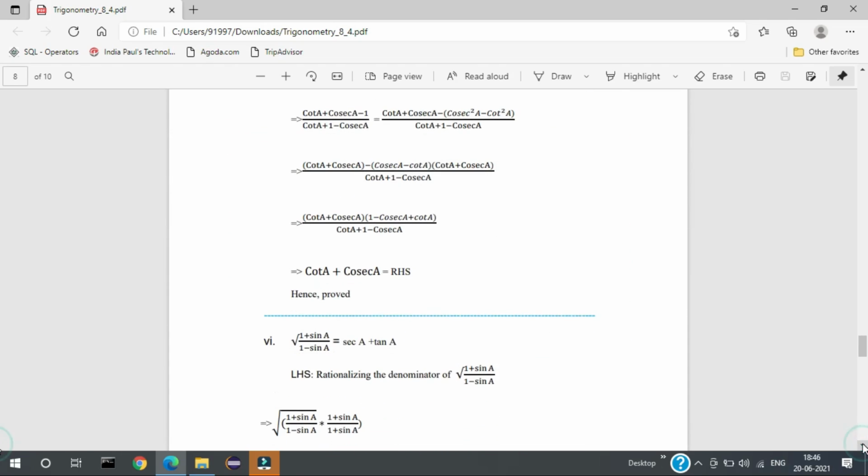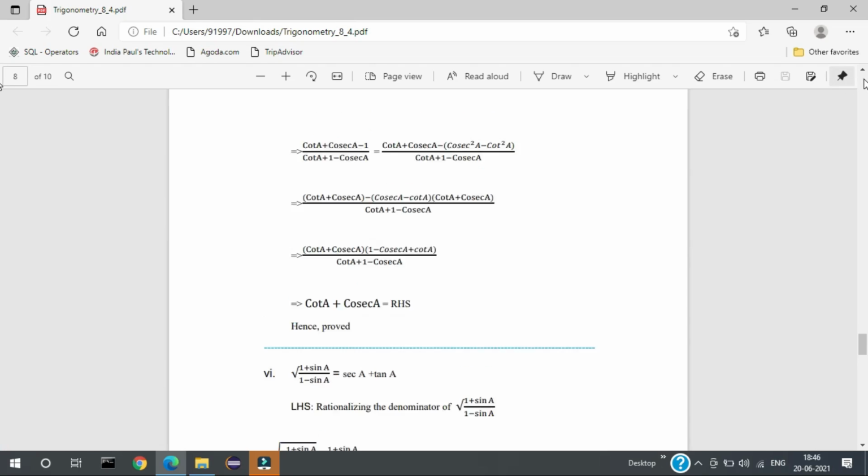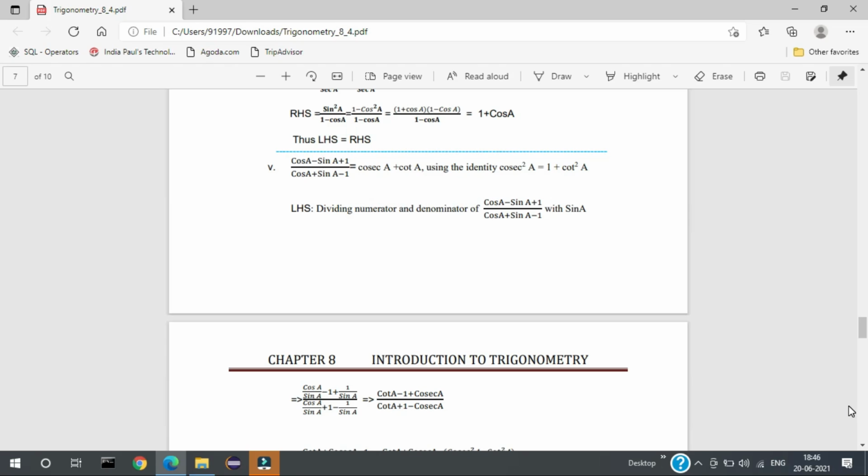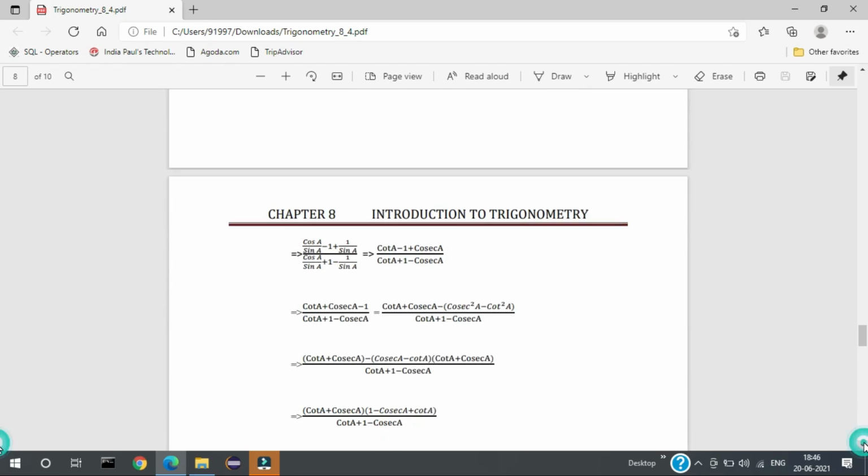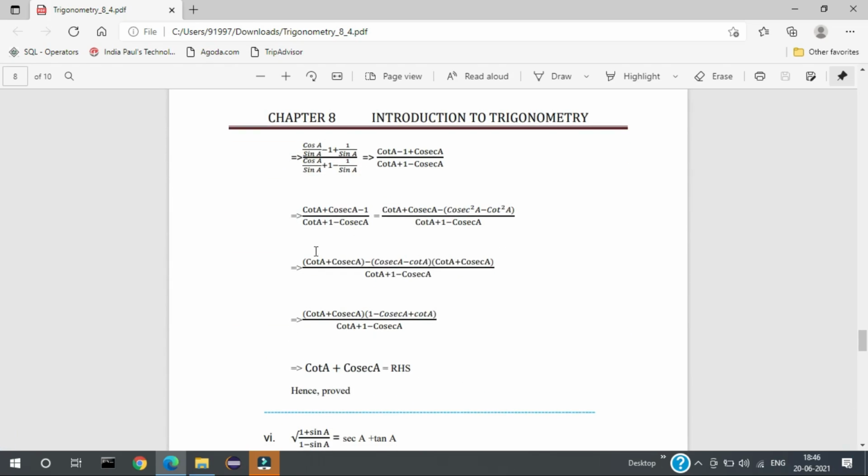So next, cot A plus cosecant A minus 1 by cot A plus 1 minus cosecant A. So that implies cot A plus cosecant A minus 1. So what we got?